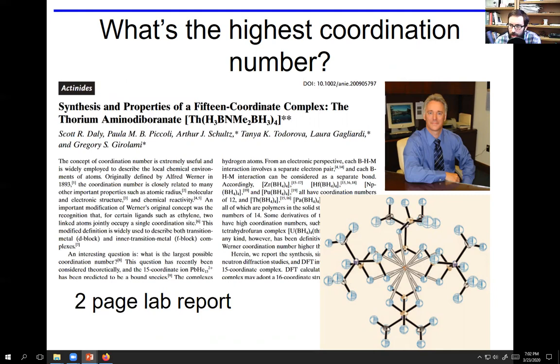So this professor, Greg Girolami, he was my floor mate when I was in graduate school. He was professor on my floor in the lab that I worked on. Really nice guy. And he wrote a 2-page lab report. Essentially, it was a paper showing the synthesis of a new compound where he set a record for the highest coordination number known.